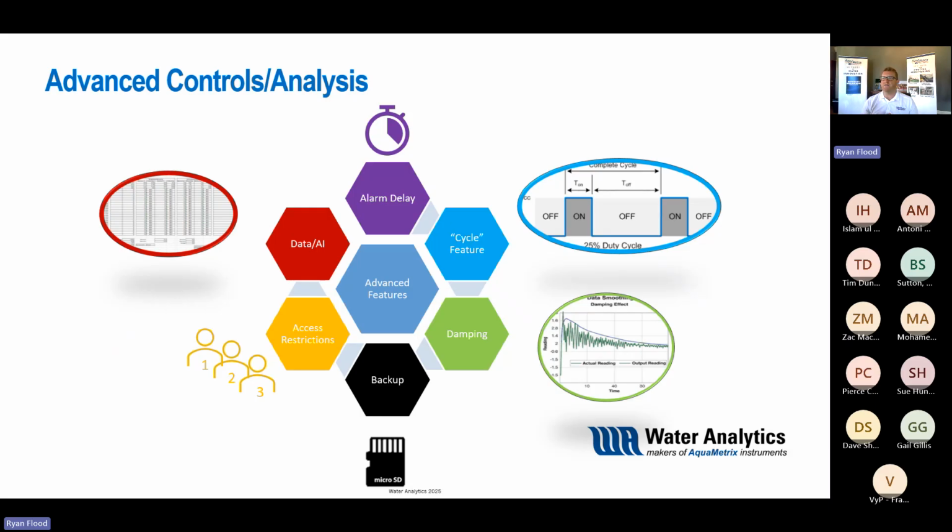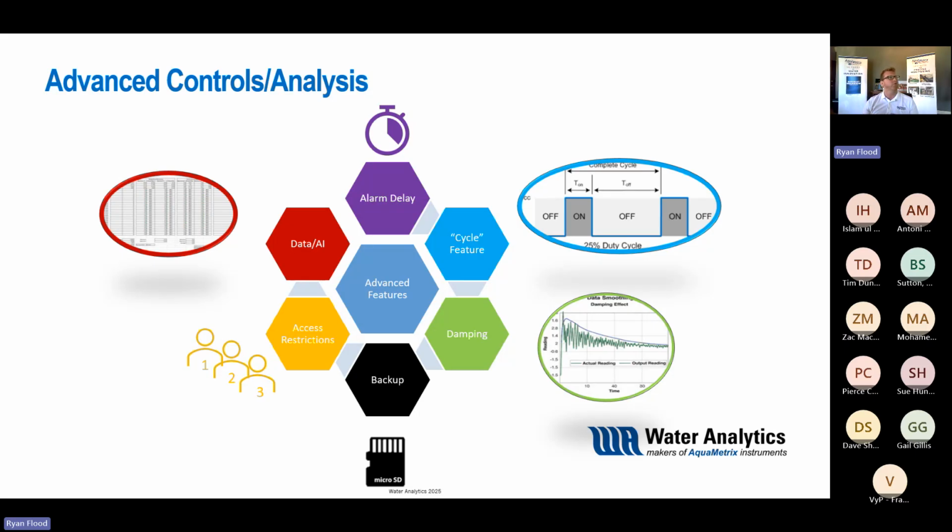Now we get into the advanced controls and analysis. There's a lot of stuff here, and this is just starting to scratch the surface of some of the more used advanced features today. And again, it's really what's needed for you, right? You may need an alarm delay. Maybe you don't want the alarm to go off because there may be some fluctuation in your process.